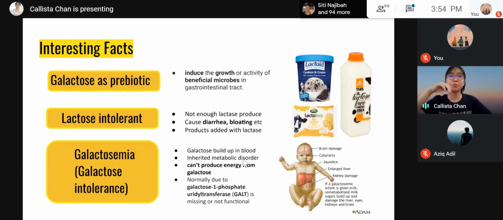As I said just now, we cannot produce energy from galactose, and it's normally due to a liver enzyme named galactose 1-phosphate uridyltransferase, GALT, that is missing or non-functional. Yep, so that's it for the interesting facts about galactose, and I will end our presentation here.